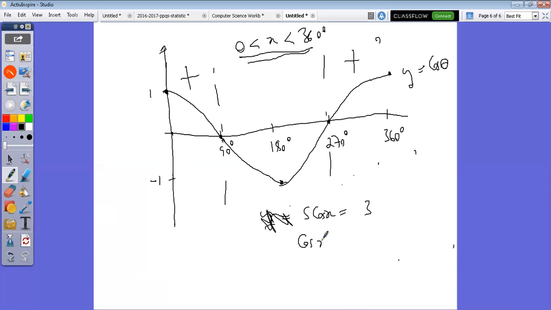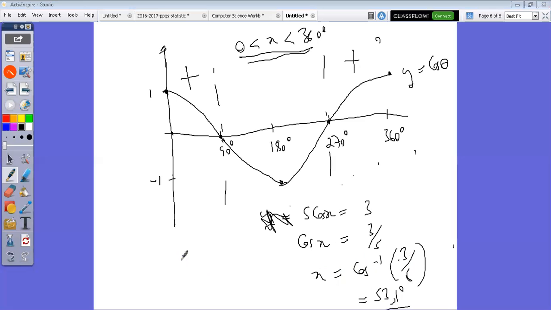Then cos x is equal to 3 over 5, which is positive, first quadrant. Then x is equal to arc cos of 3 over 5. What do you get? 53.1 degrees, clear? Yes. 53.1 degrees.